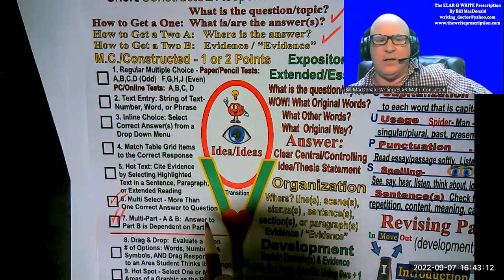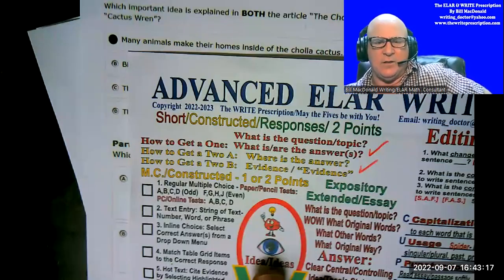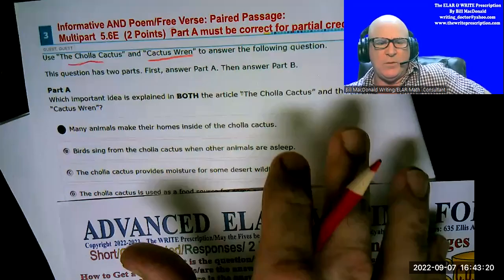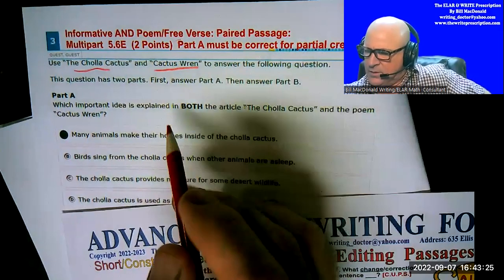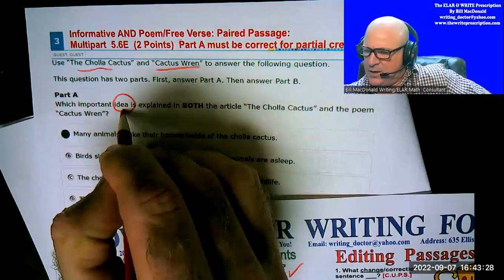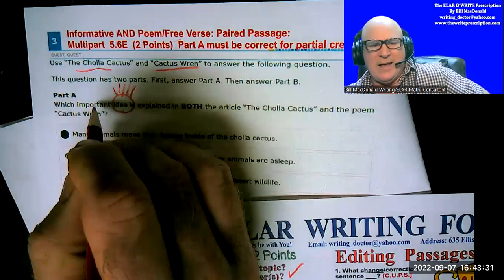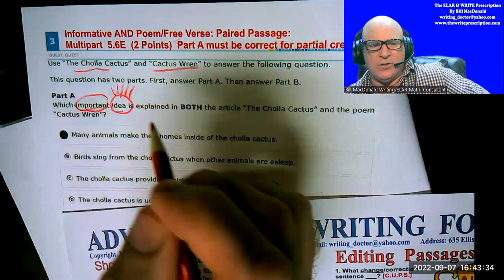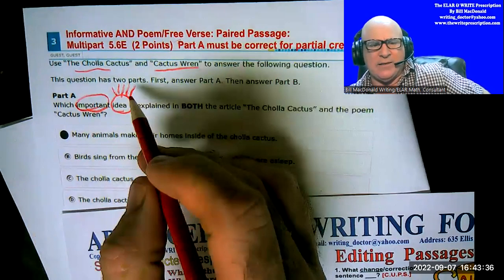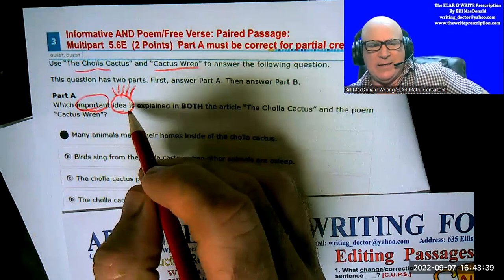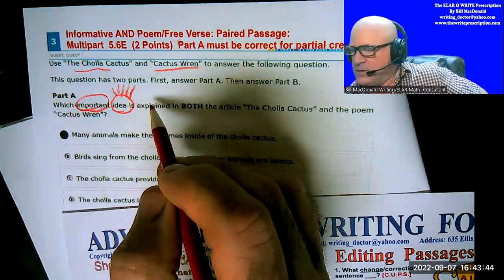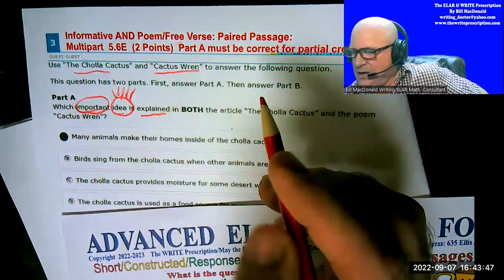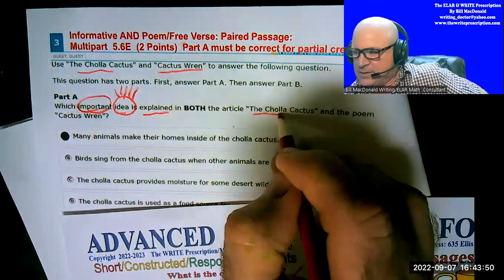So let's take a look and see, are we comparing or are we contrasting the two selections? Which important idea, and so I'm going to draw an eyeball there, and important is an opinion, and so that's pretty vague, and it allows your students to kind of broaden their horizons and think of anything that's explained, expository, in both the article and the poem.